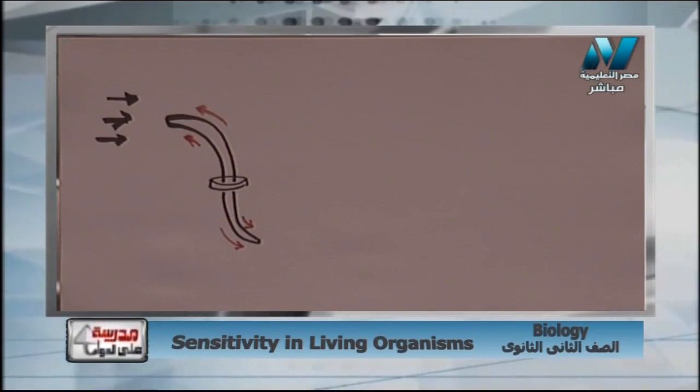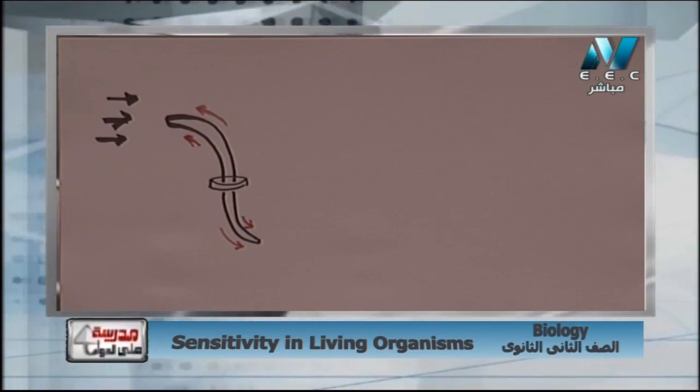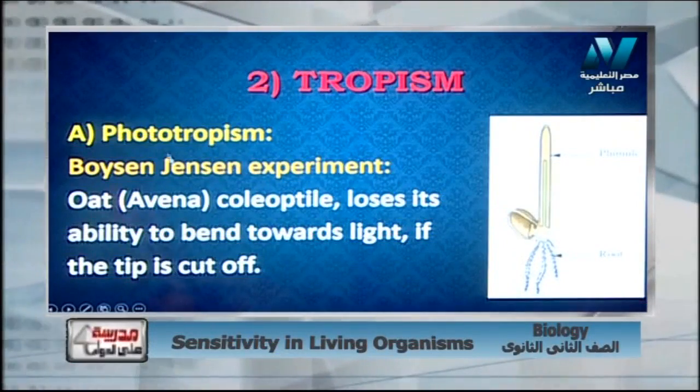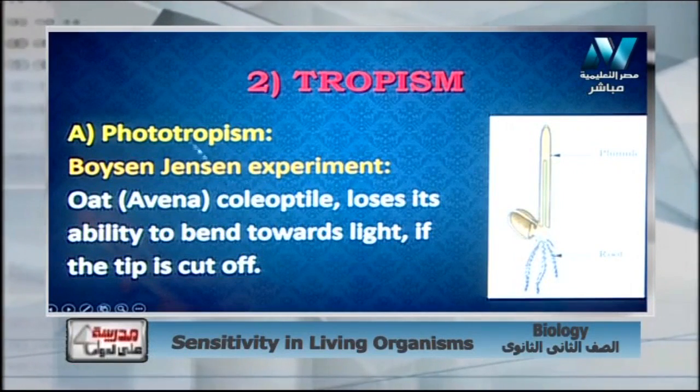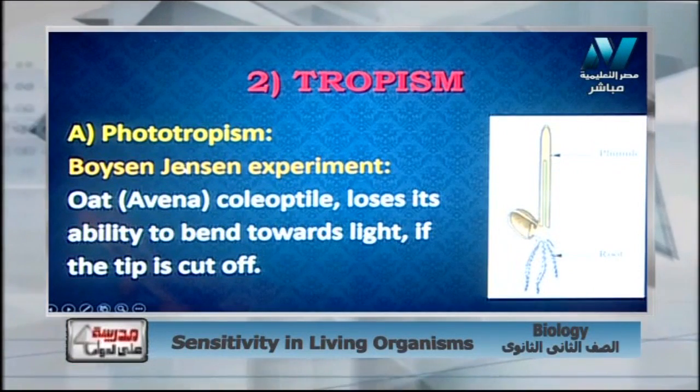Boysen-Jensen was a scientist who explained the curvature of the plant towards light, or explained in detail phototropism in plants.